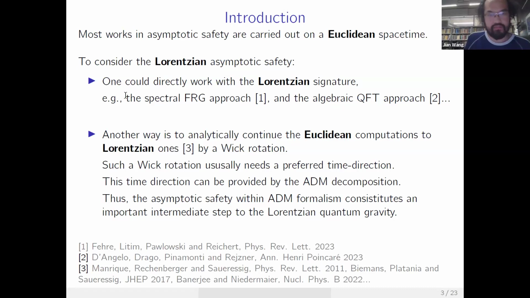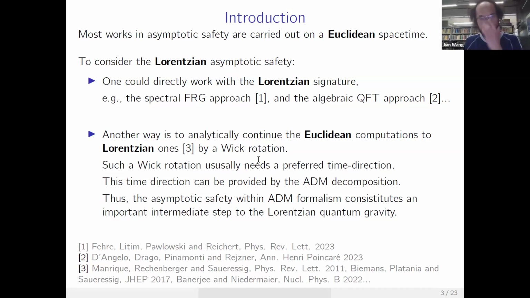For instance, the spatial functional renormalization group approach just works with Lorentzian spacetime. Or for the Wetterich equation adapted to the algebraic QFT approach, the method is background independent, so it doesn't matter if you choose a Lorentzian or Euclidean spacetime.